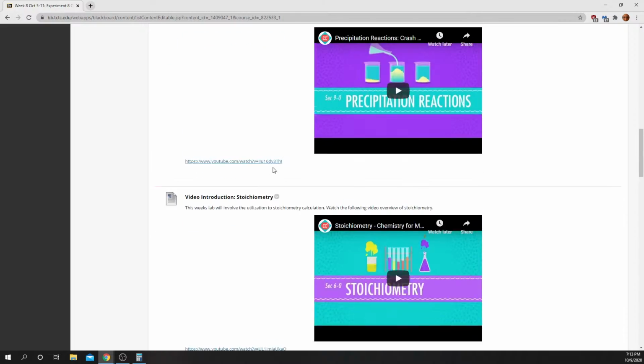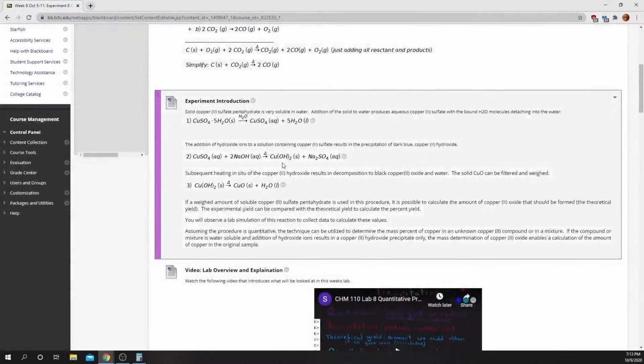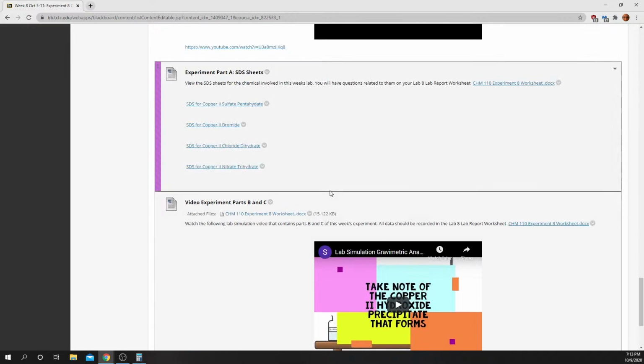You would react it with the sodium hydroxide to get copper(II) hydroxide, and then heat it up to get copper oxide out of it. So then you could find out which of these unknown salts it is. Is it the copper(II) sulfate pentahydrate, copper(II) bromide, copper(II) chloride dihydrate, copper(II) nitrate trihydrate? You got various options there.